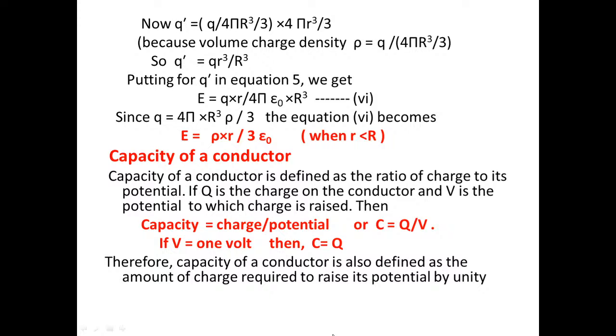If Q is the charge on the conductor and V is the potential to which the charge is raised, then capacity is equal to charge upon potential. So C is equal to Q upon V. If V is equal to 1 volt, then C is equal to Q. Therefore, capacity of a conductor is also defined as the amount of charge required to raise its potential by unity.